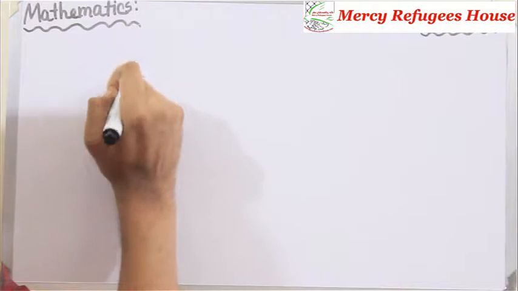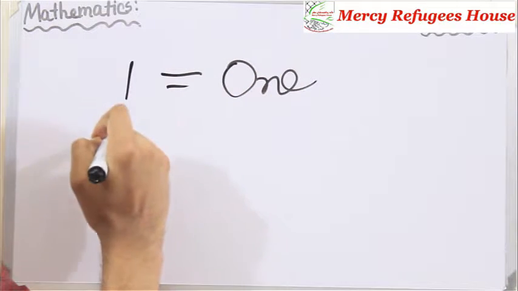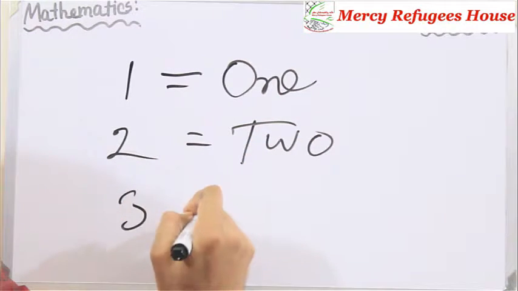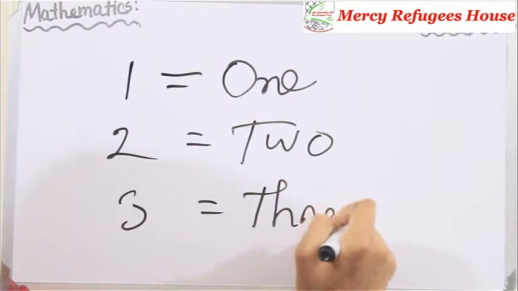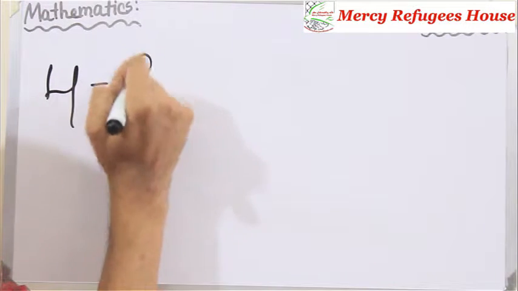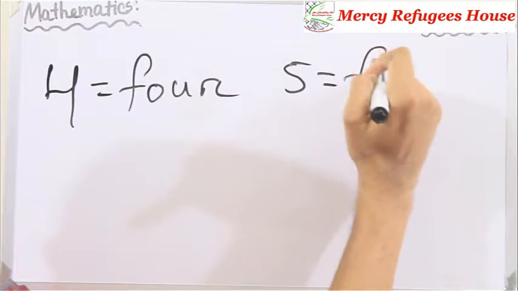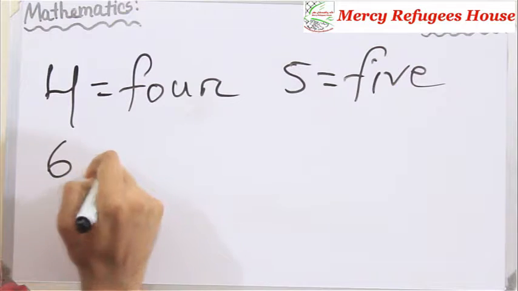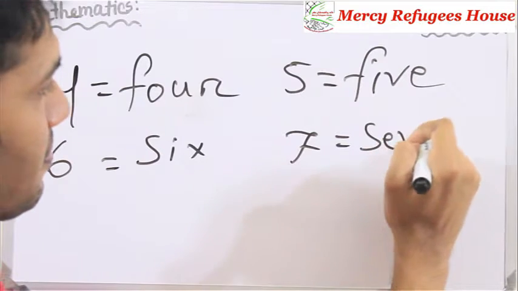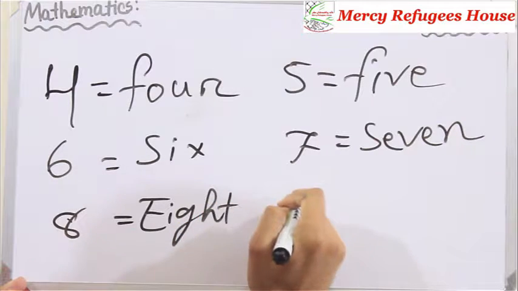How? 1 equals, we write it O-N-E, 1. 2 equals T-W-O, 2. 3 equals T-H-R-E-E, 3. 4, 5, 6, 7, 8, 9.